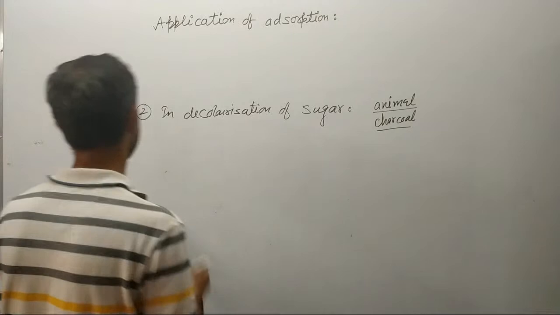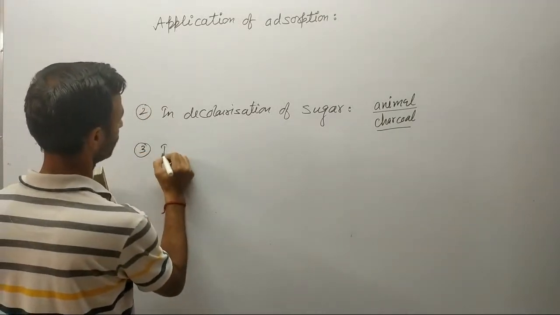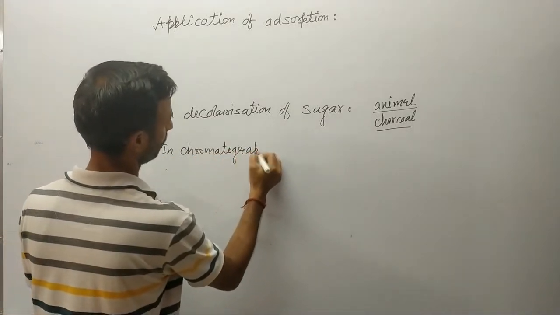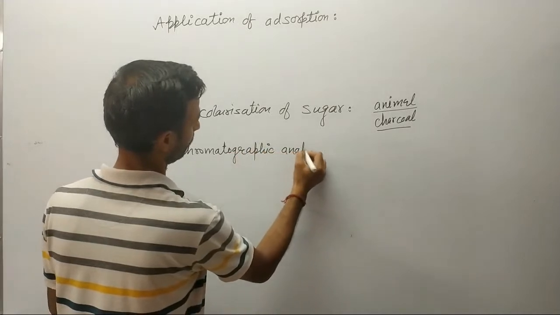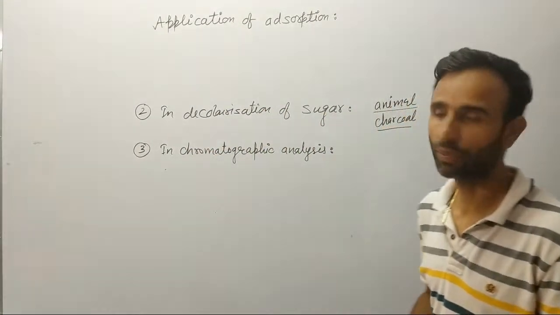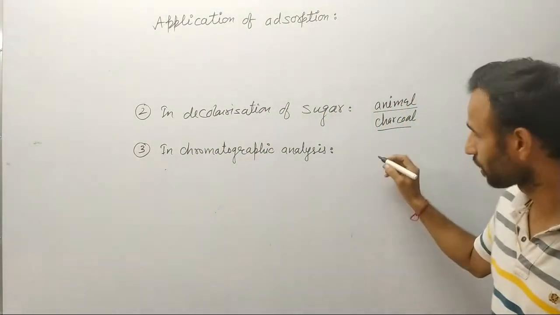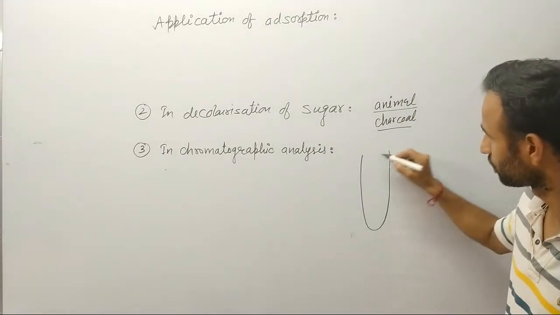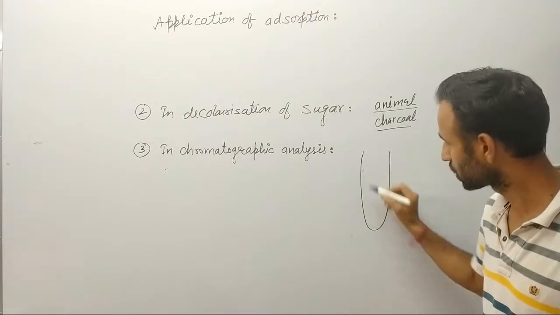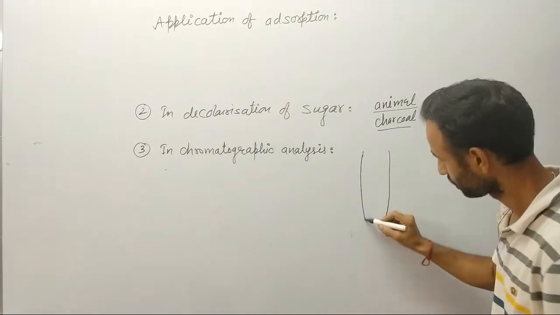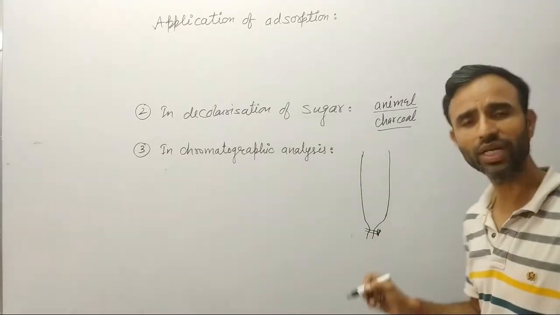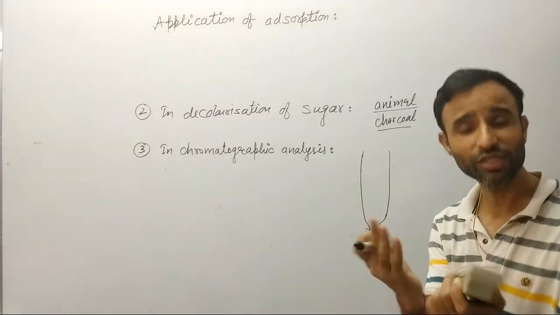Now, chromatographic analysis, like column chromatography. So this is the column. The column is just like a burette, but its size is bigger than that.